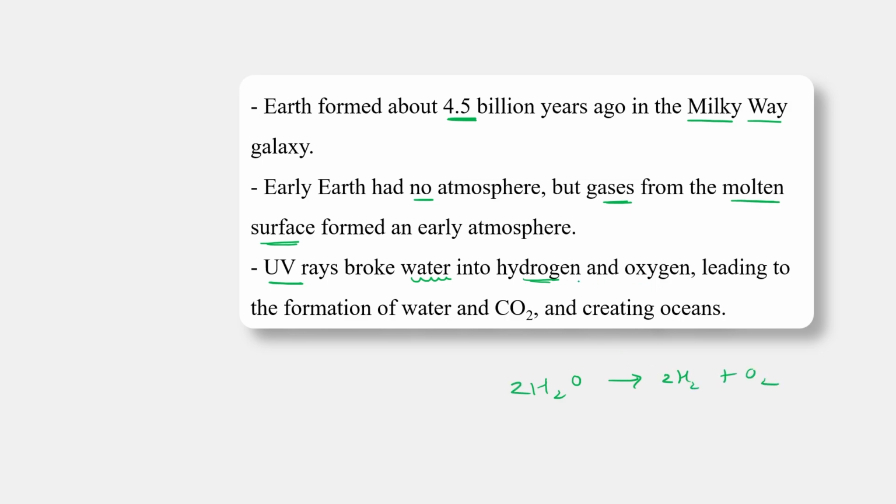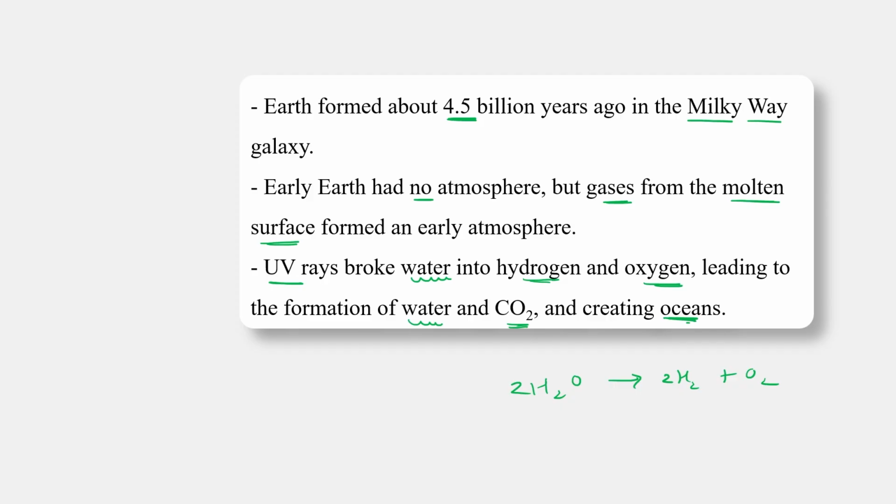This led to the formation of water, carbon dioxide, and the creation of oceans. In the early atmosphere there was no oxygen, but water vapor and some other kinds of gases were present.